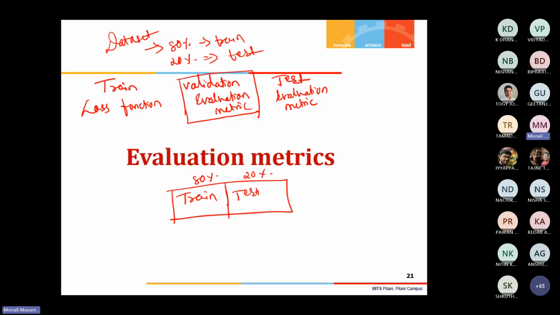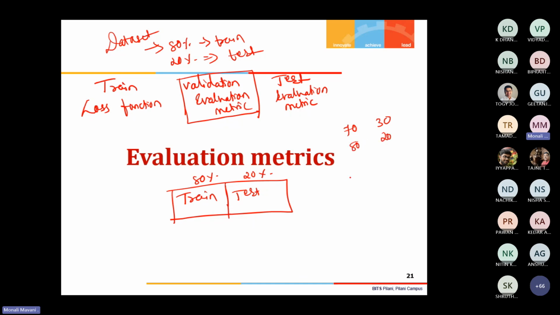We want maximum data to go to the train data set. Now, depending upon your data set size, if it is just 1,000 data points, you may want to stick to a 70-30 ratio. If you have, say, 10,000 data points, you can increase the training data and reduce the test data.